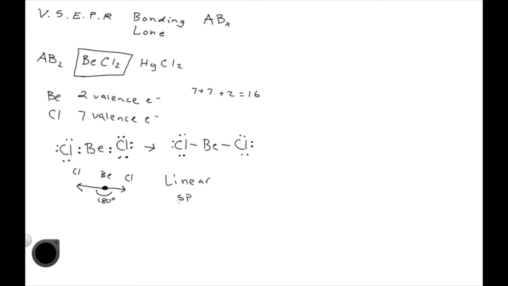So that's the way you find the molecular geometry of a molecule with the form AB2, or AB sub 2. Now let's look at a molecule with the formula AB sub 3.